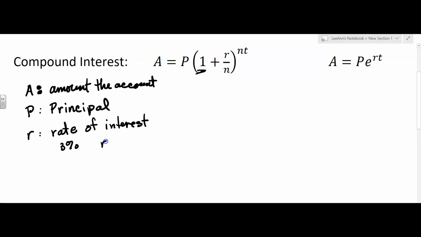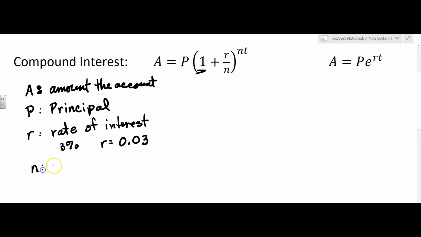Then R would equal 0.3, because you have to change it to a decimal number. Okay, so, I'm sorry, it's 0.03, and that's a big mistake. Okay, so it'd be 0.03, there we go. That represents the 3%, okay?